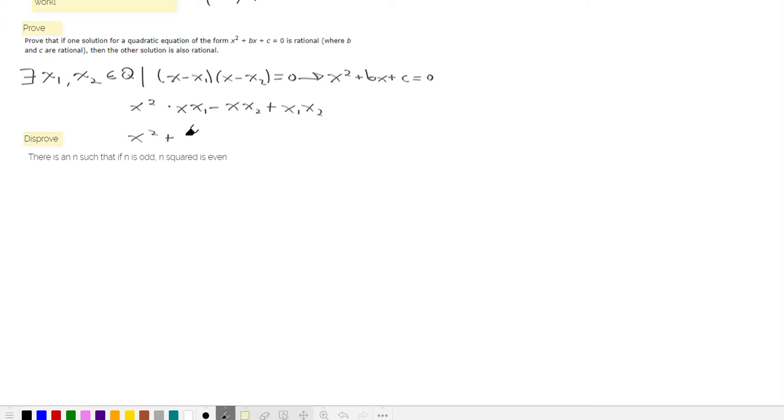Just to make it look like this, I'm going to have a term in front that looks like minus x1 minus x2. That'll be my b times x. You notice I just factored an x out of these two terms. Okay, now for those to be equal, the constant terms, that has to be equal to c. And this term has to be equal to b.